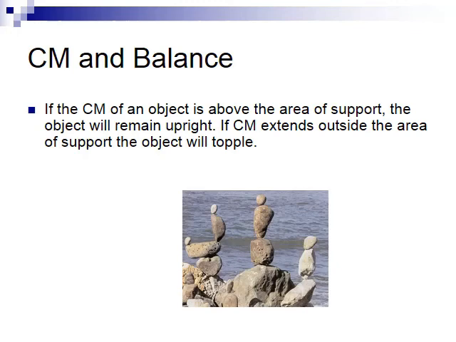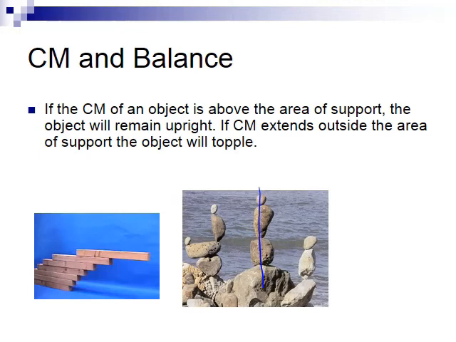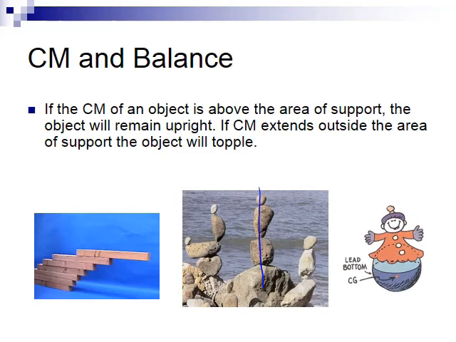So for these rocks to miraculously stay upright, their center of mass must be somewhere along this line, because this is the common area of support for all of them. And these objects will be stable as long as the center of mass is supported.